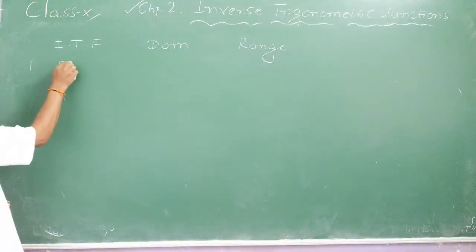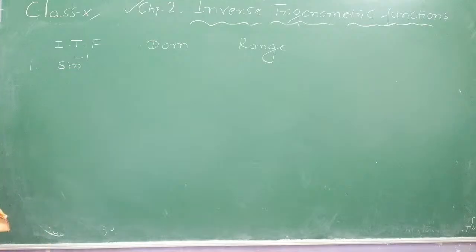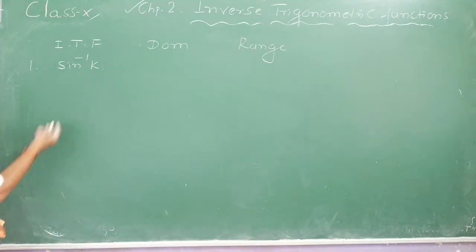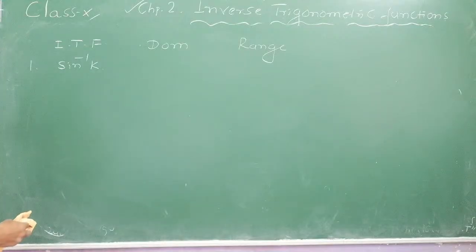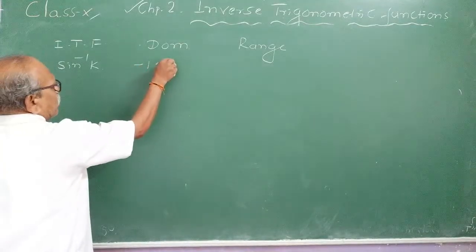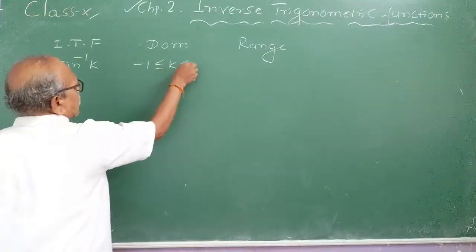First one: sine inverse of k. K is the value. Then what is the domain for it? Domain is the value which is minus 1 is less than or equal to k, k is less than or equal to 1.